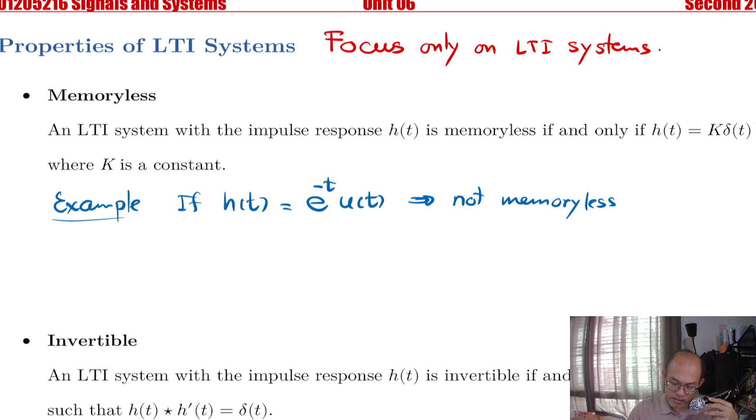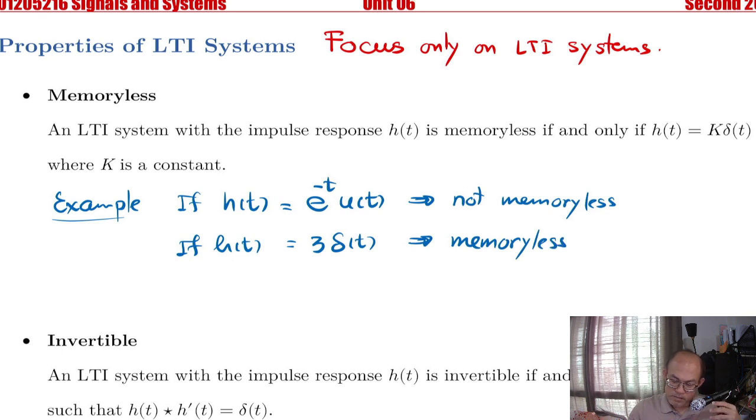But if h of t is 3 delta t, then it is memoryless. It has to be some number multiplied by the unit impulse.